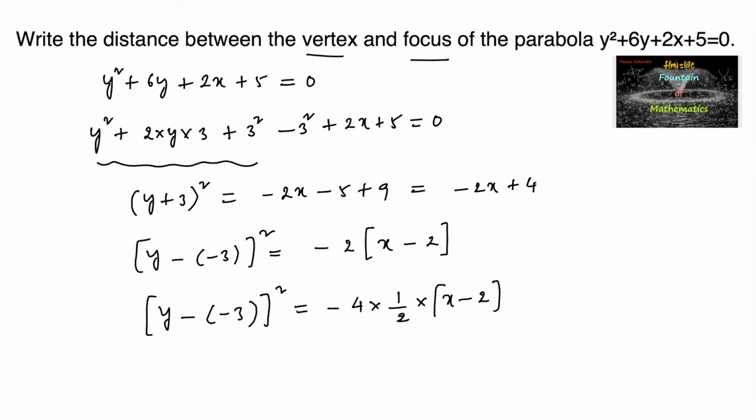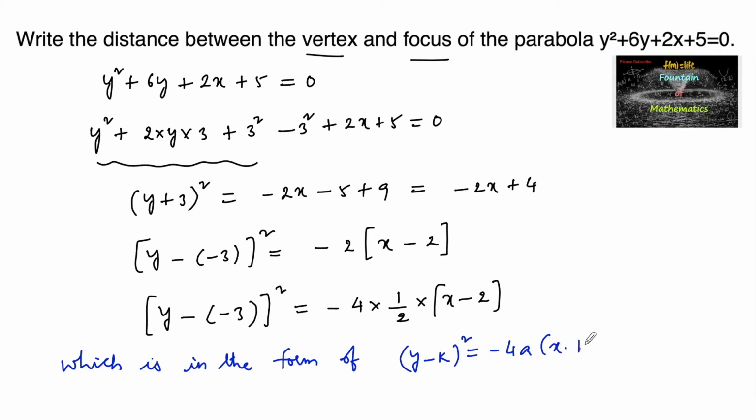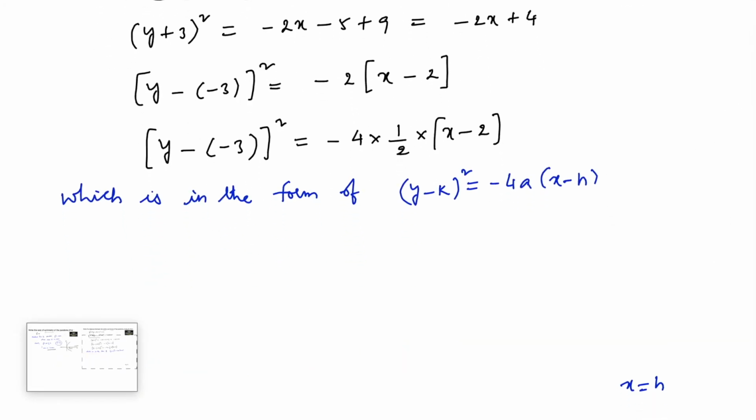So which is in the form of y minus k whole square is equal to negative 4a into x minus h.